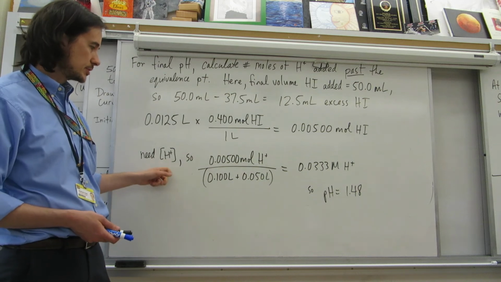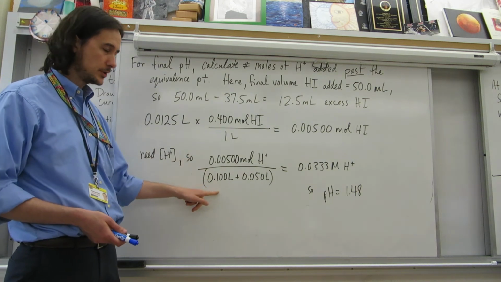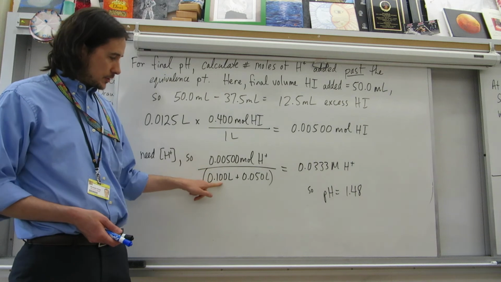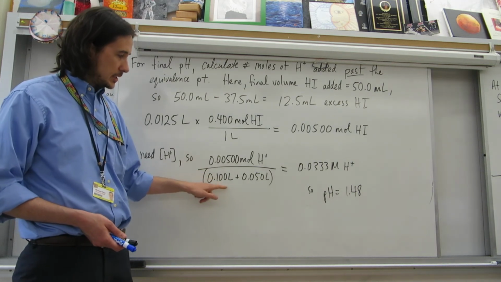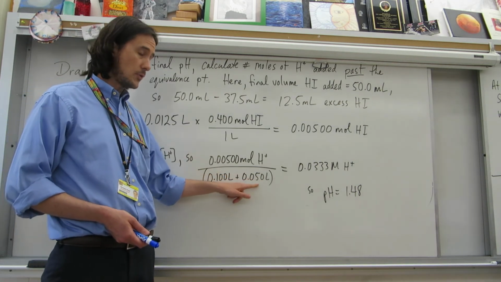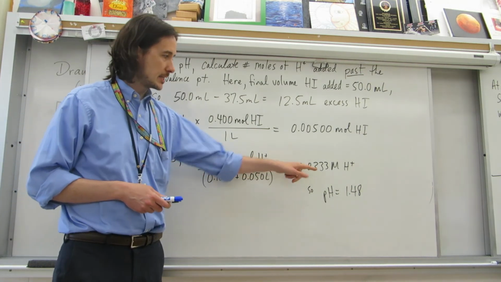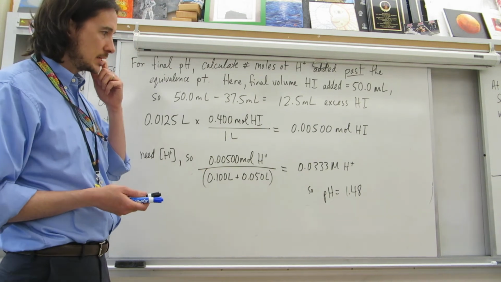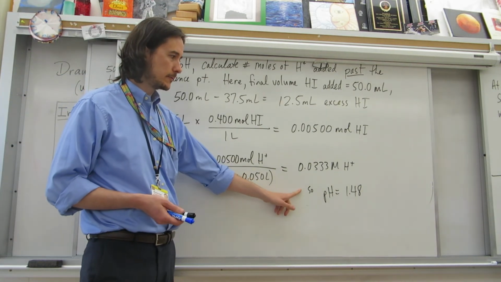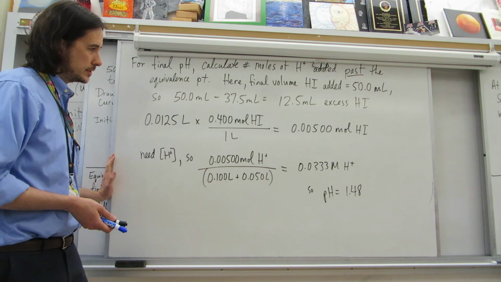Well, we need concentration, so we divide this by the total volume. The initial volume of ammonia was 0.1 liters, and the total volume of strong acid, of HI added, was 0.05 liters, and we get a concentration 0.033, and we get a pH of 1.48. So we go back.